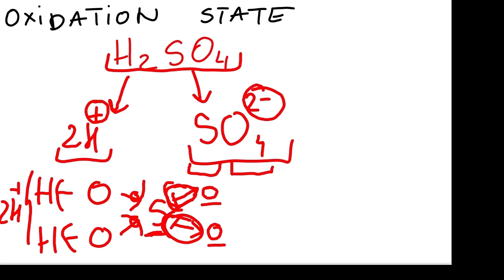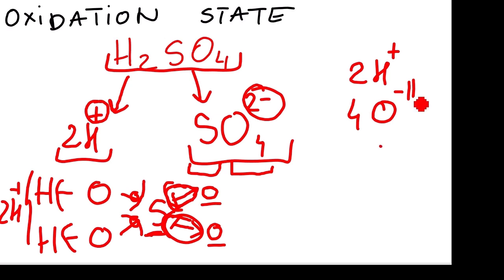So we have two hydrogen cations, four oxygen anions with the oxidation state -2. Every single oxygen atom takes 2 electrons.